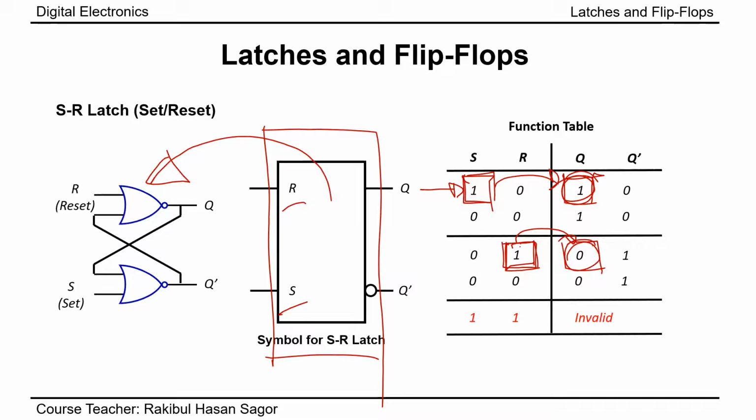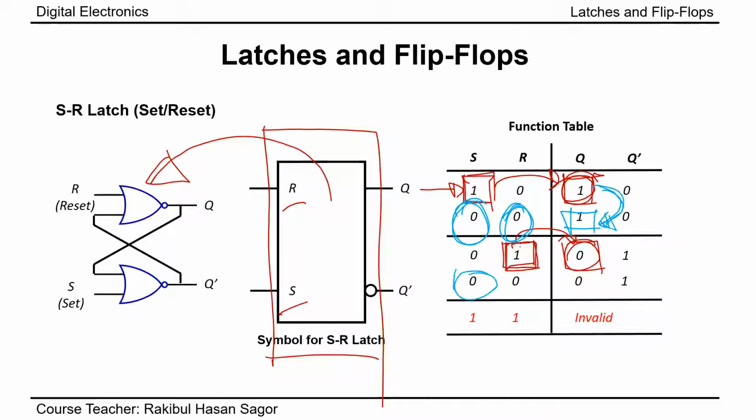If I have input S equal to 0 and R equal to 0, the output will be the previous output of Q. That means it will hold the previous value of Q. If the previous value of Q is 1, then the next value of Q will be 1.